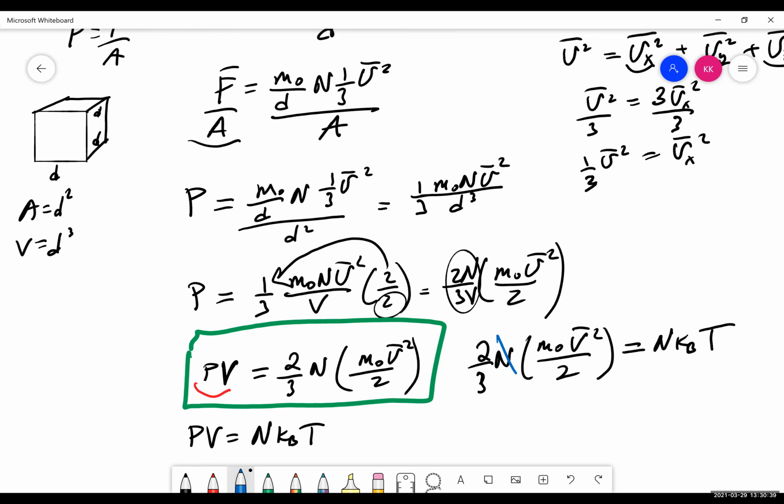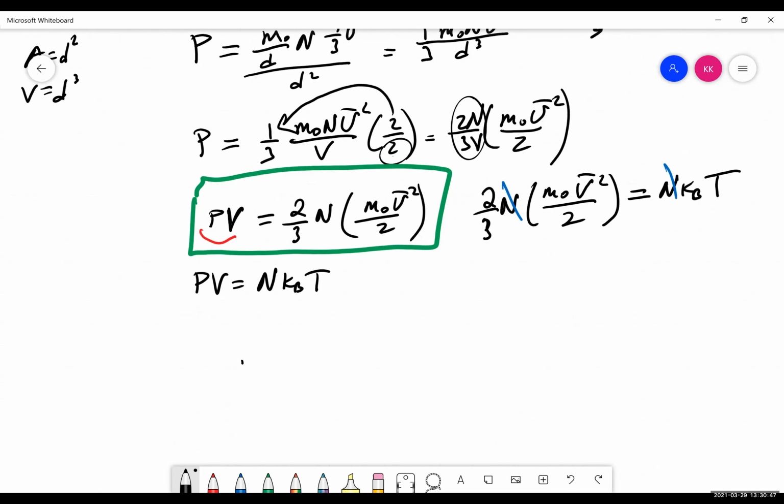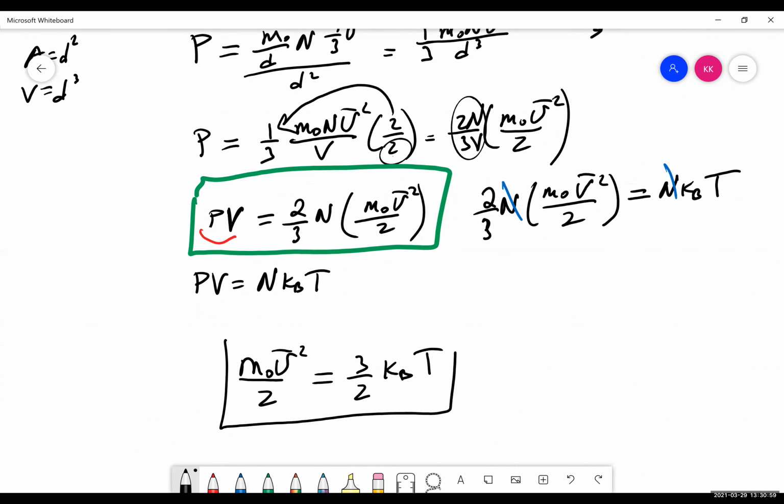From here, I can drop the N, the number of molecules, and combining those together in such a way, I have that mass times velocity average square over 2 is equal to 3/2 times KB times T, which is the equation that tells you what the temperature technically is.